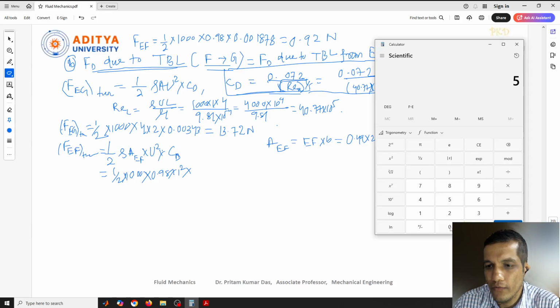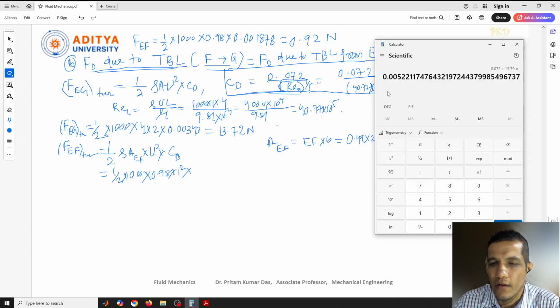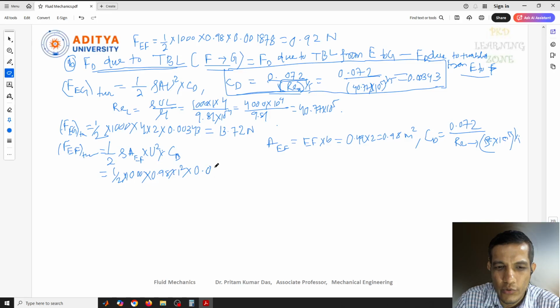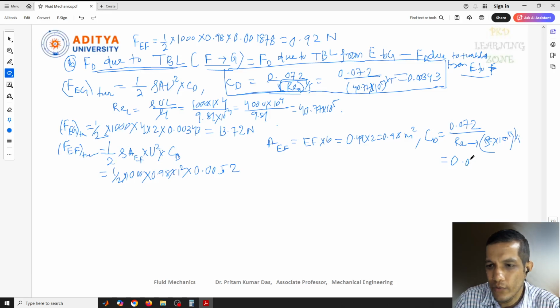Okay, anyway, 5 lakhs to the power bracket start 1 divided by 5, 13.79. 0.0052. So here we can write CD equal to 0.0052. This one we can get this value, that is CD value.